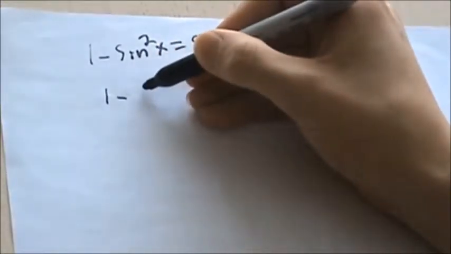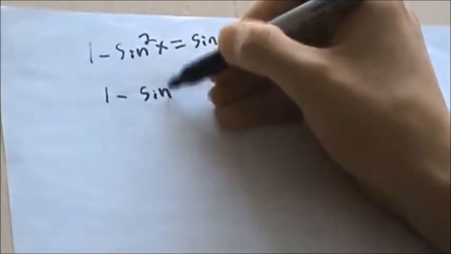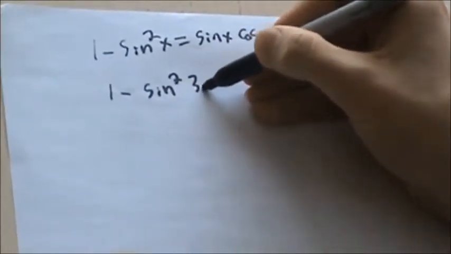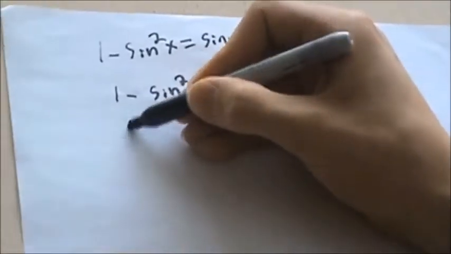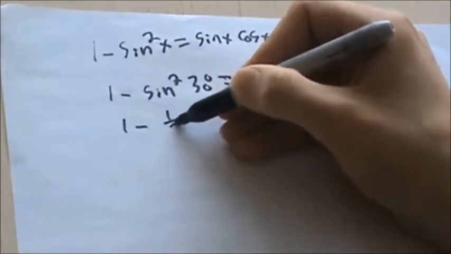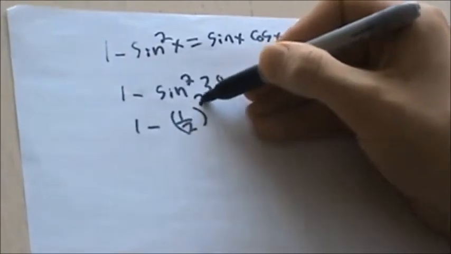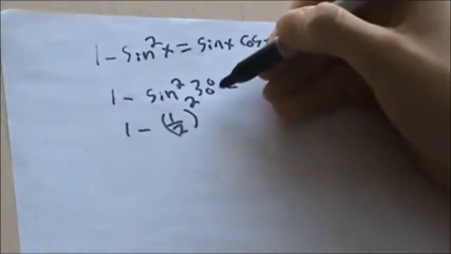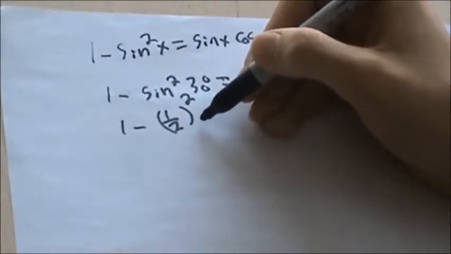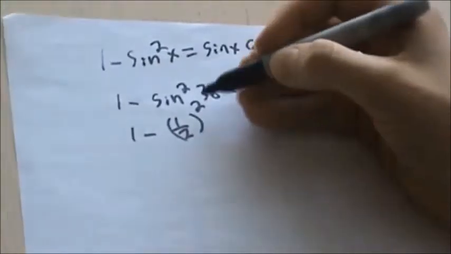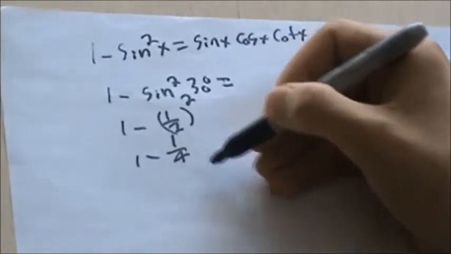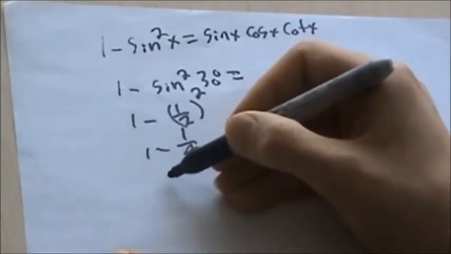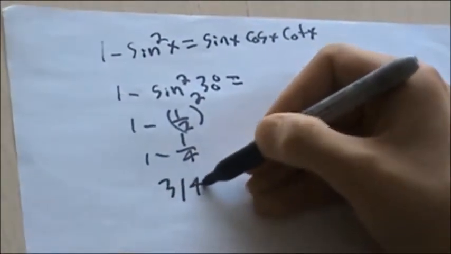So 1 minus sine squared 30 degrees equals 1 minus 1/2 squared, because the value of sine at 30 degrees is 1/2 on the unit circle. So this is the same as 1 minus 1/4, which is the same as 3/4.